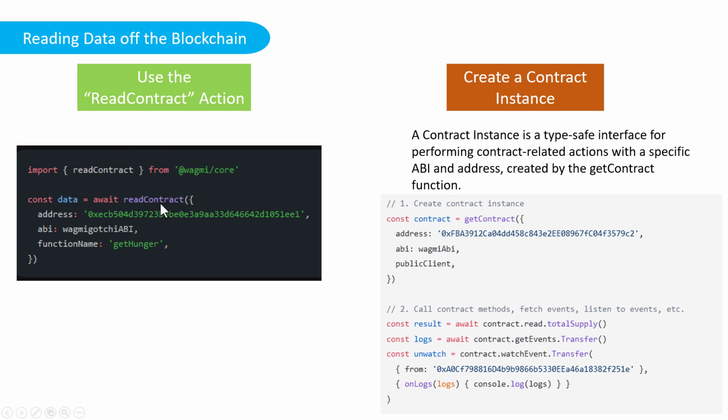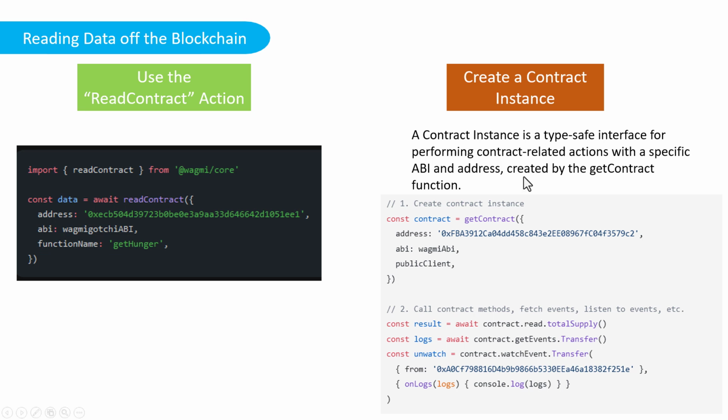The read contract action is a helper method based on Viem's read contract that allows you to just specify the address of the contract, the ABI, and the function name, and there is an additional parameter called args that allows you to pass in the input arguments. So you use this when you just want to call a contract maybe once and you just need the data of a contract.